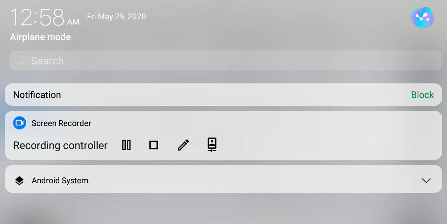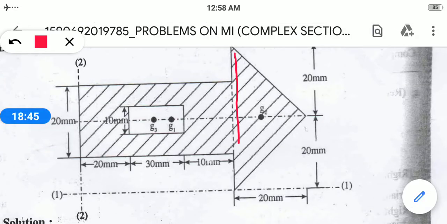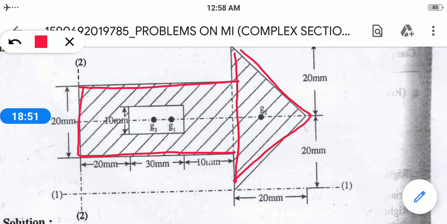One is your normal triangle, another is your normal rectangle, and you have to subtract this small rectangle. This part you have to subtract, so that you will get the moment of inertia or radius of gyration of the whole lamina. All the other values they had given in the question itself.